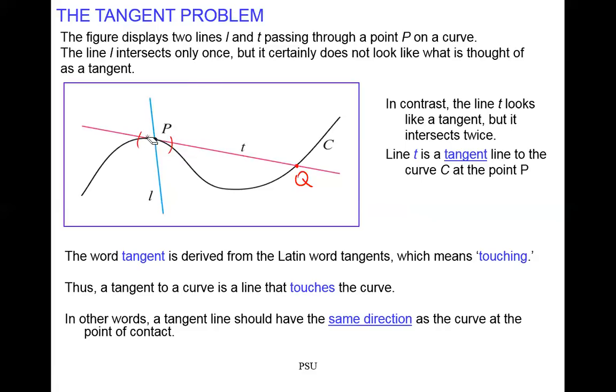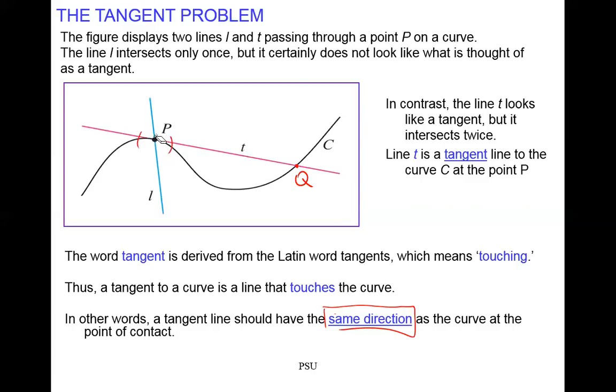That means the line T is definitely a tangent line because it's touching. Another important thing in calculus is that touching means having the same direction. The tangent line must have the same direction as the curve at the point of contact, the point of tangency.